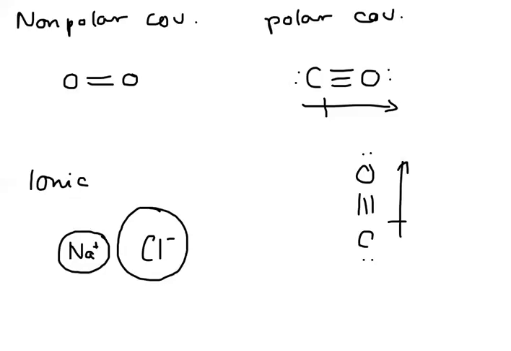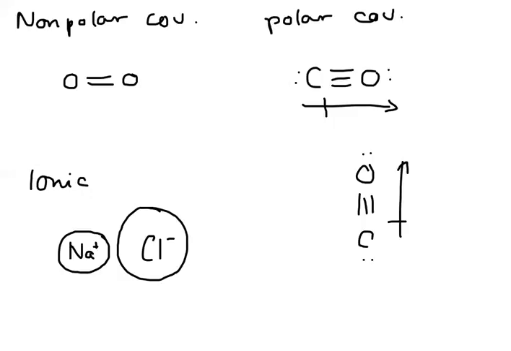So it doesn't matter which way you draw the molecule. The arrow always has to point in the direction of the more electronegative atom. So I might say, draw the Lewis structure of carbon monoxide and put a polarity arrow if appropriate. What I mean is, if it's polar, draw a polarity arrow. And then I'd say, if no polarity arrow is appropriate, indicate that.